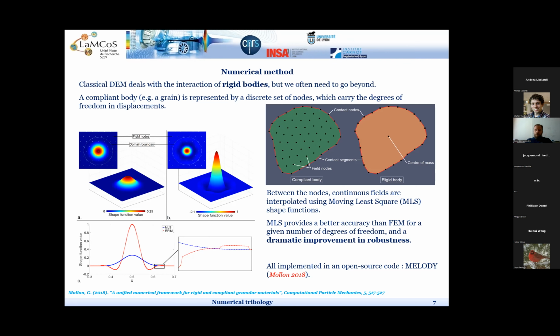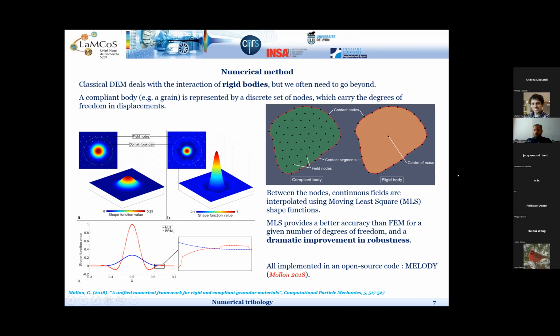We need the grains to deform, and to represent this numerically, we need to go beyond classical DEM, and we need to discretize each grain, each body, by a number of nodes which carry the degrees of freedom in displacement.